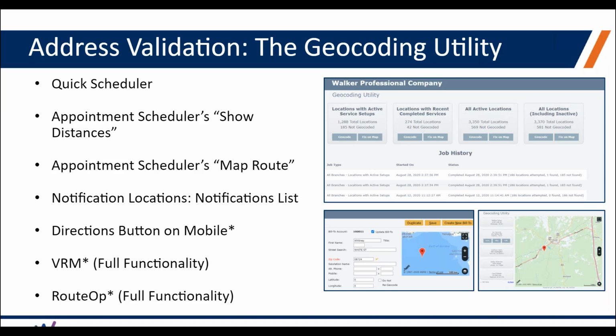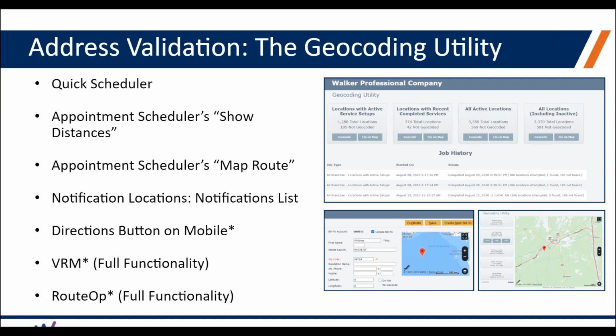The quick scheduler, the appointment scheduler, notification lists for reaching out to customers, directions on the mobile for being able to get there, using the visual route manager module or the route optimization module. We have so many of them that are impacted by making sure that you have the correct address, the correct latitude and longitude for the customers.